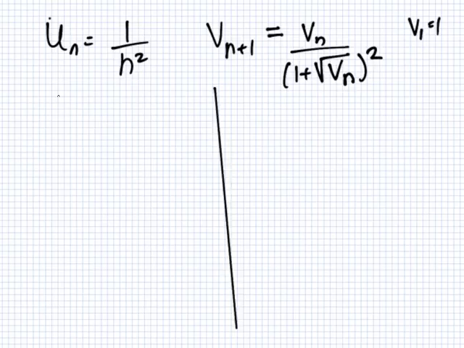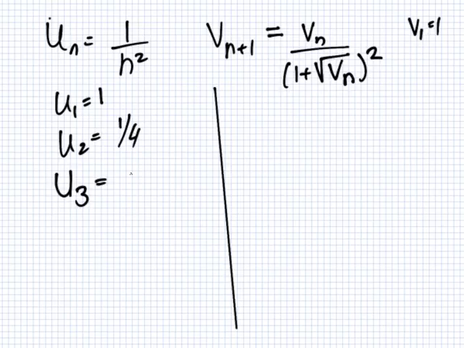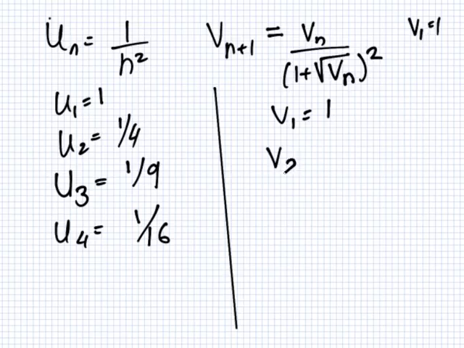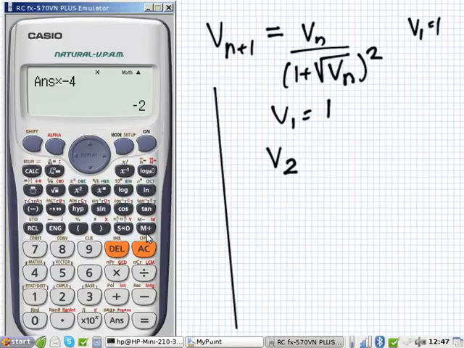Well, this one is easy. U1 equals 1. U2 equals a quarter. U3 is 1 over 9. And U4 is 1 over 16. Right, here V1 equals 1. V2 is 1 over 2.